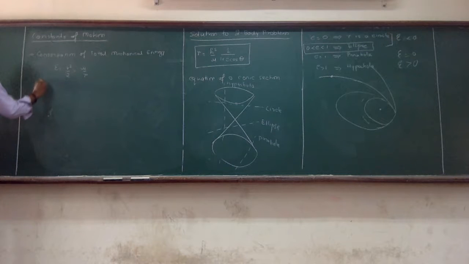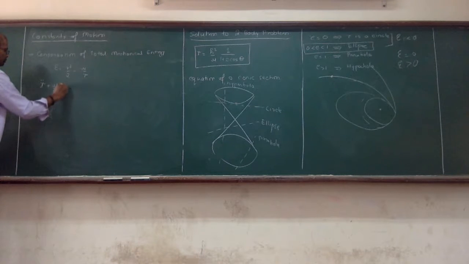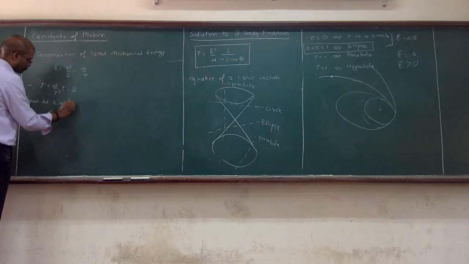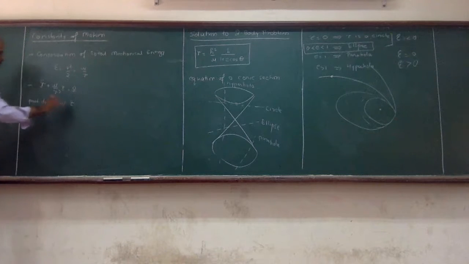So you have r double dot plus mu over r cubed times r is equal to 0, right? What is this? Two-body problem. Okay, the two-body problem. Now what I'm going to do is dot it with r dot.